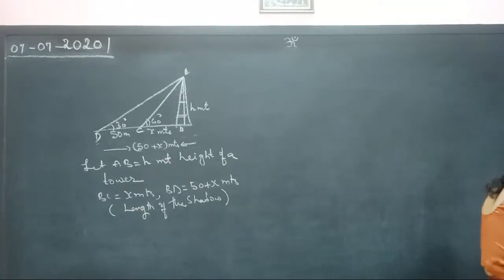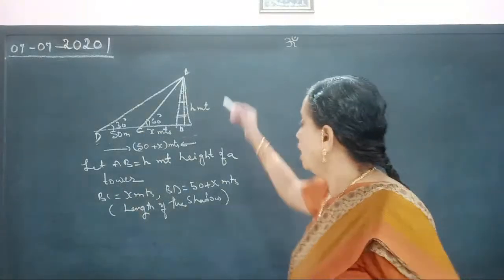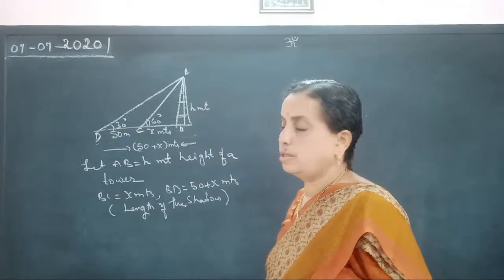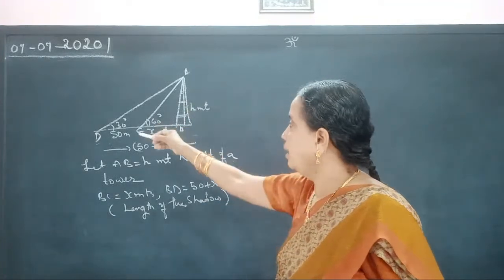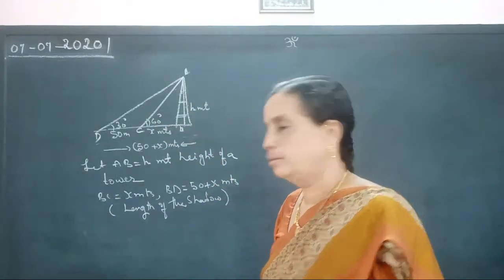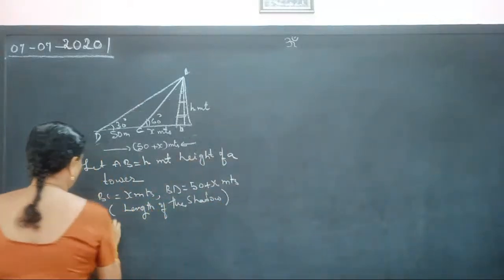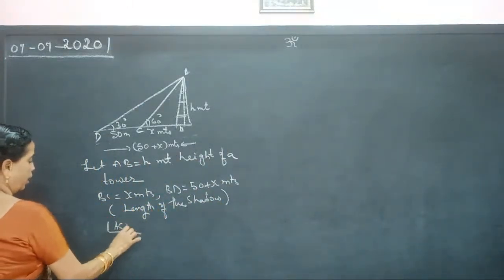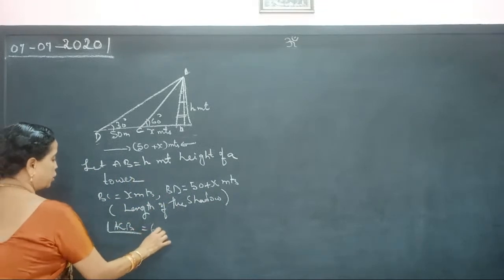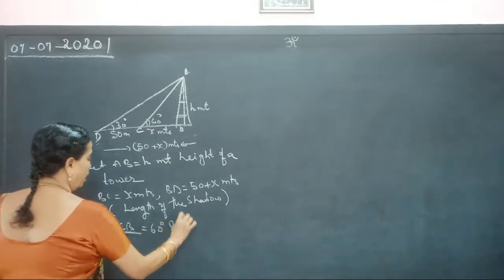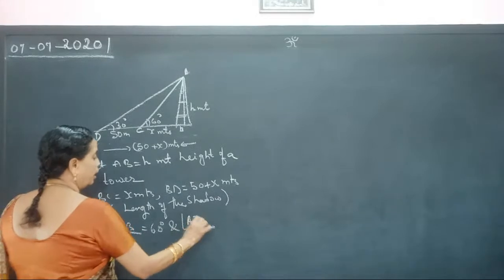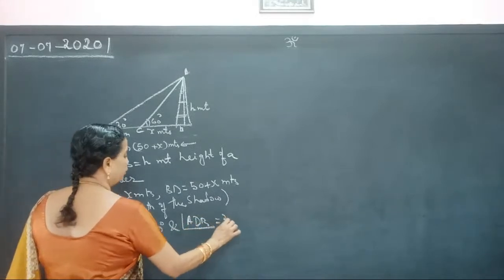Which are the angles? Angle ACB 60 degree, angle ADB 30 degree. Right? Angle ACB 60 degree and angle ADB 30 degree.